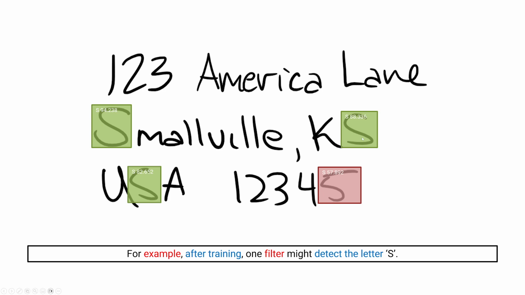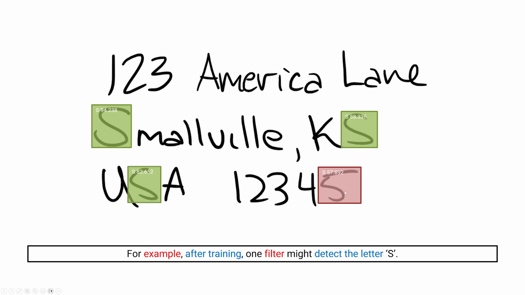It might look at the 3 actual S's and classify them as S. My first S on the Smallville bit here, I'm pretty proud of how I drew that S. I think it looks like a pretty good S, so I pretended there was a high accuracy on that one. My other 2 S's were a little bit, I'm not sure, and maybe that means the AI is not sure too. So I've indicated it has lower grades for that. And then we've got the 5.